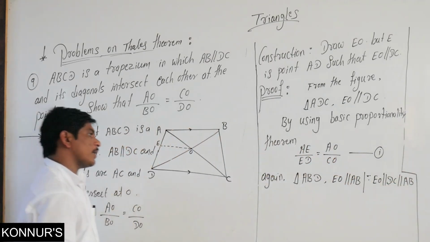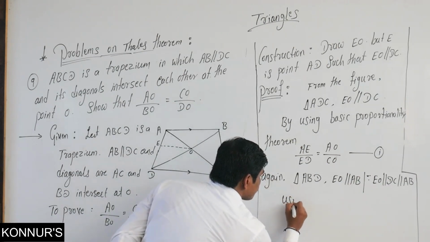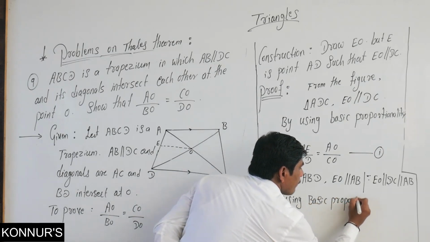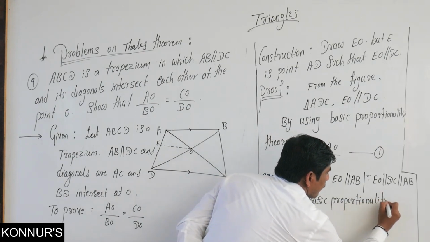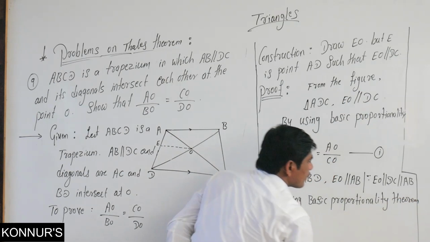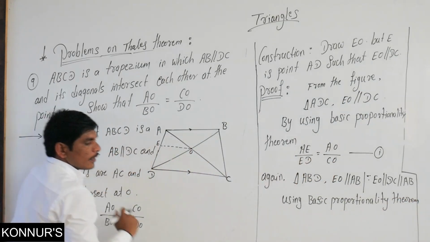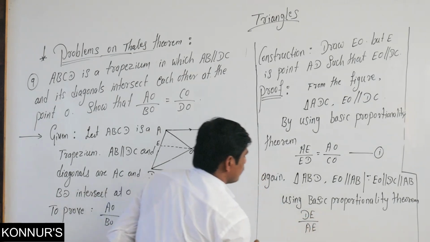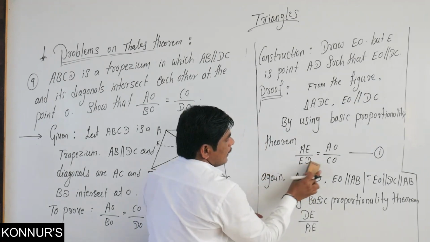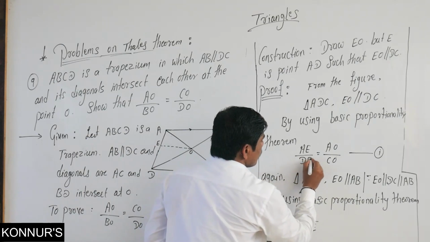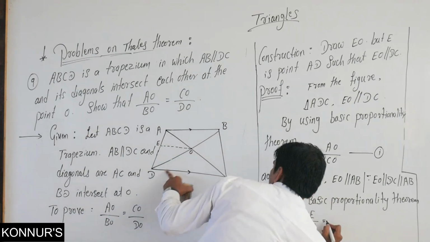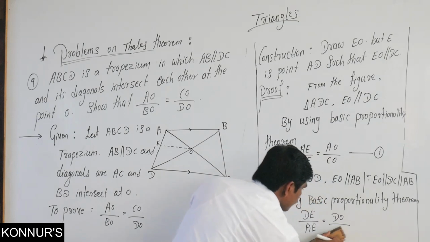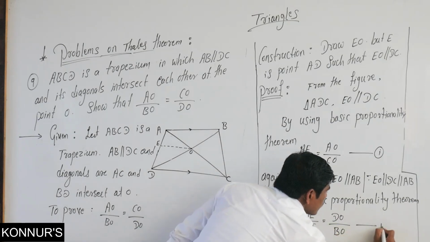And again we are using the basic proportionality theorem: DE divided by AE, or ED, is equal to DO divided by BO. This is the second equation.